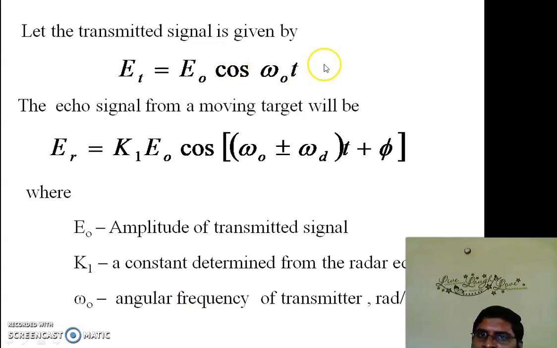So this is the transmitted signal, and this is the received echo signal. The received echo signal frequency is plus or minus the Doppler frequency shift, with some initial phase.